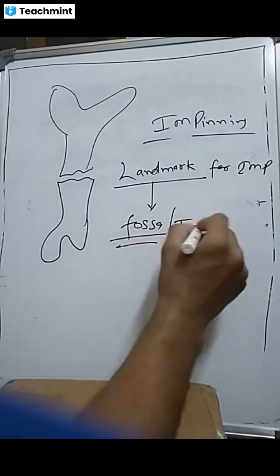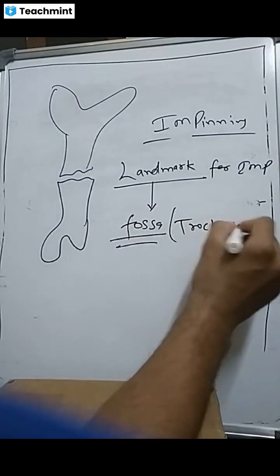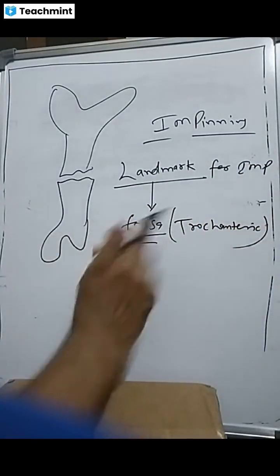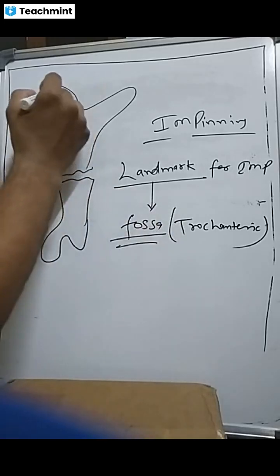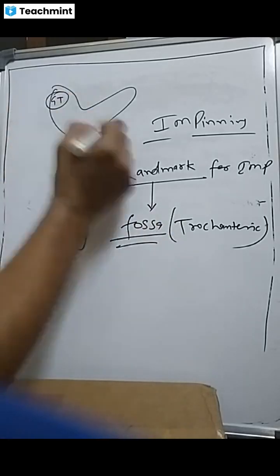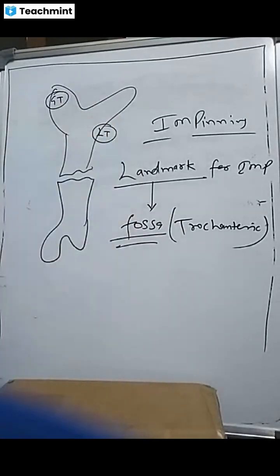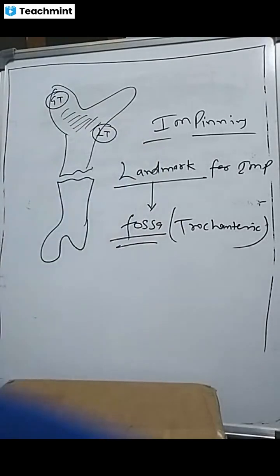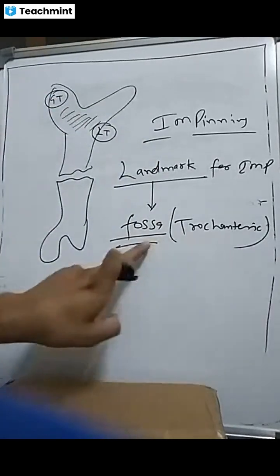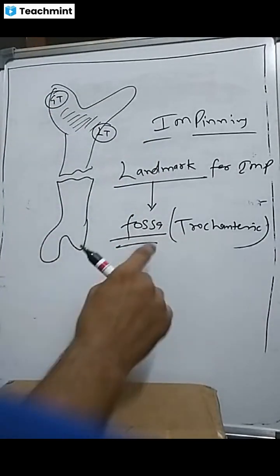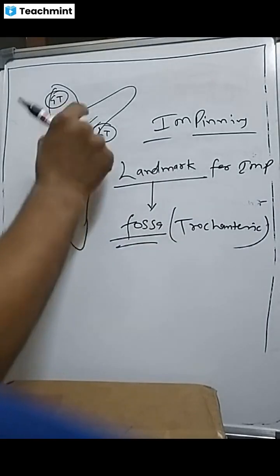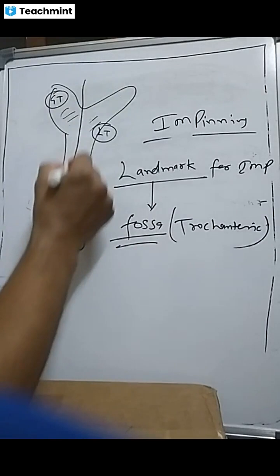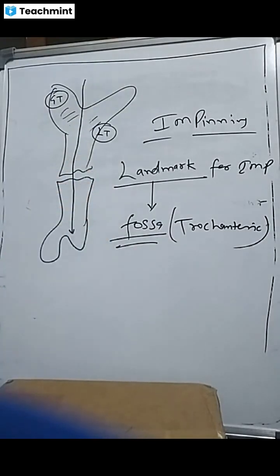This is your trochanteric fossa. What is the location of this fossa? If this is the greater trochanter and this is the lesser trochanter, this place is known as the trochanteric fossa. Location or the landmark of this fossa, you can enter with your pin in this direction.